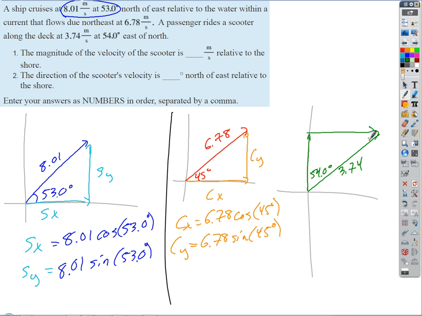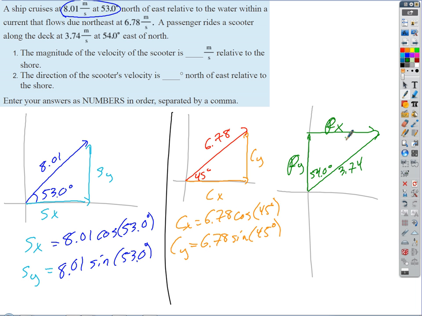We could. Then what angle would I have to use? 36, right? Everybody see that? Because these add up to 90, so I could. You're right, I could have also made that 36 and used the bottom triangle. Either way is going to give me the same answer. I want to use this one just to illustrate a point though. So this is C sub y, no not C, P, right? P sub y and P sub x.